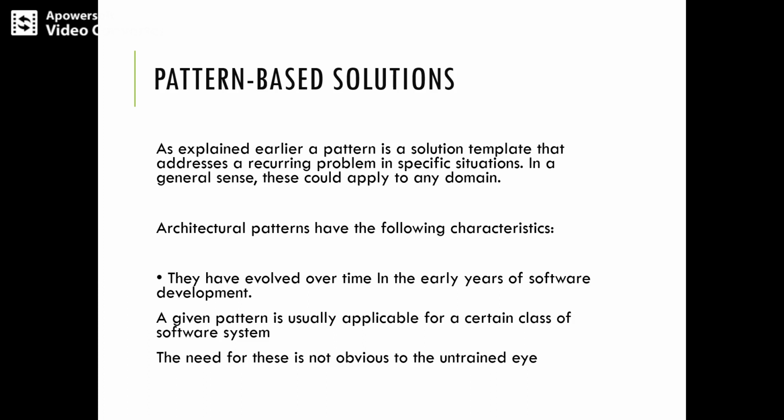First, we could discuss what an architectural pattern is. They have evolved over time. In the early years of software development, it was not very clear to designers how systems should be laid out. Now it is not like that.